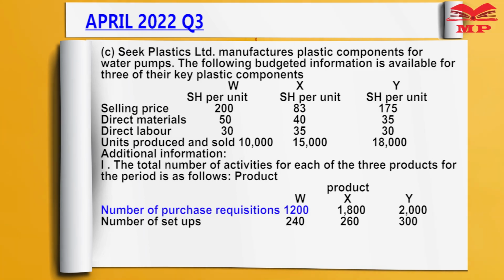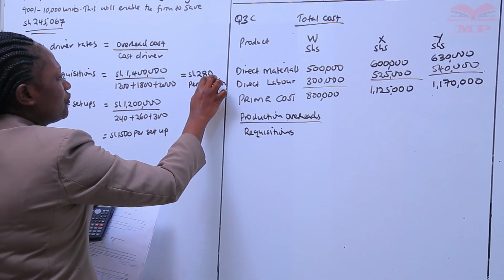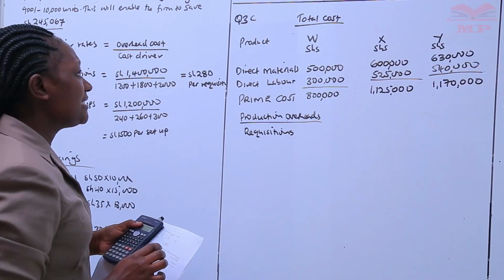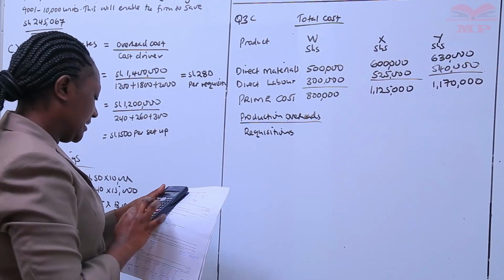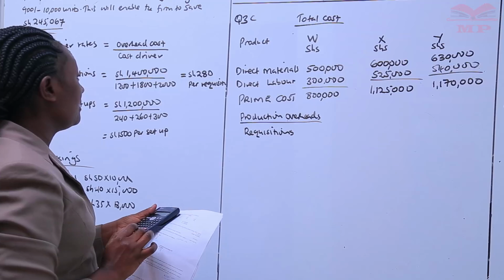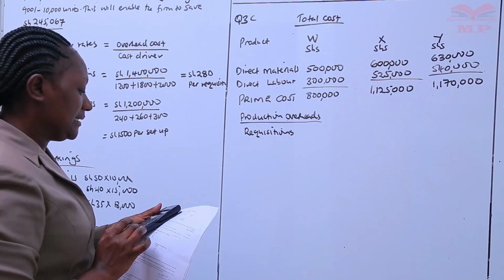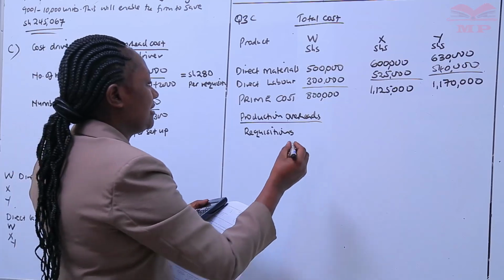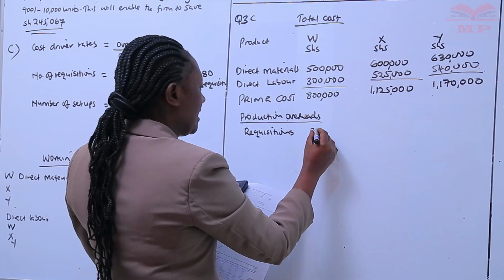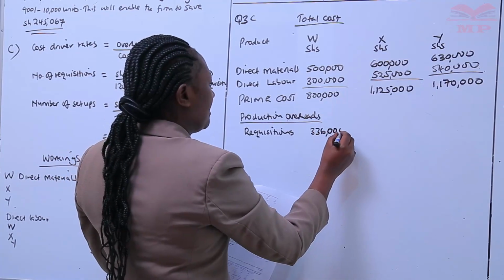For W, the requisitions were 1,200. And the cost per requisition is 280. So to get the amount for product W, we are simply getting the cost per requisition times the number of requisitions, which was 1,200. And this will give us 336,000.